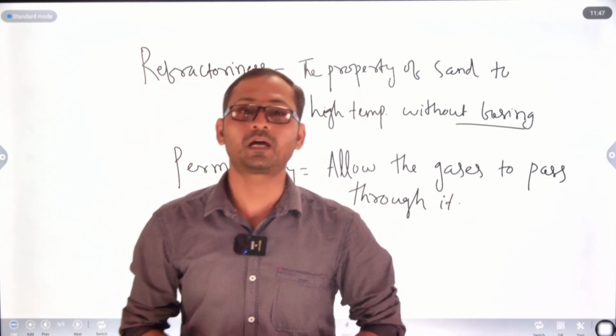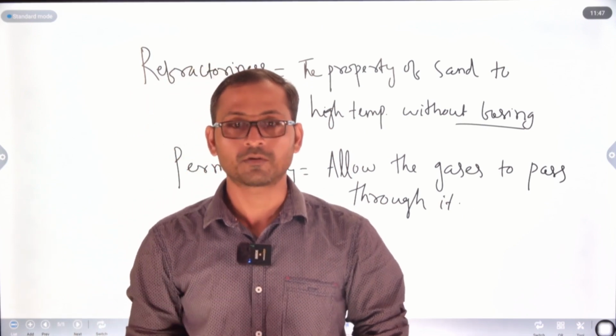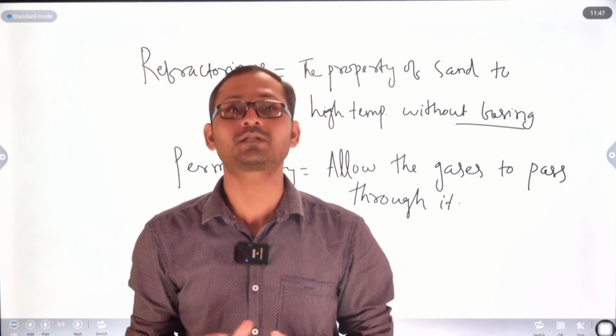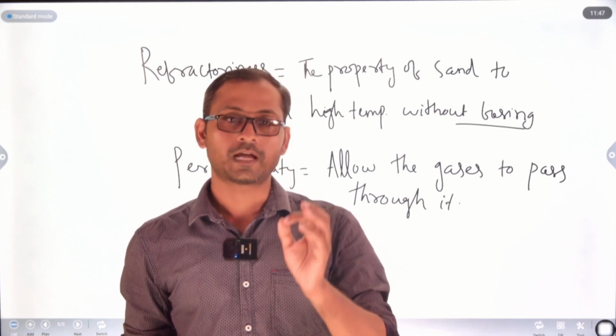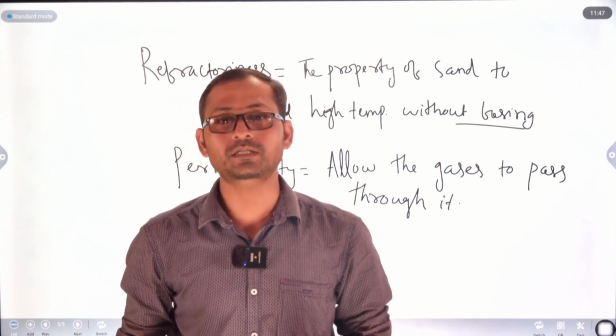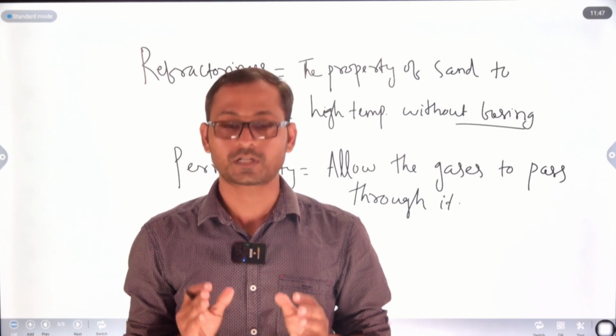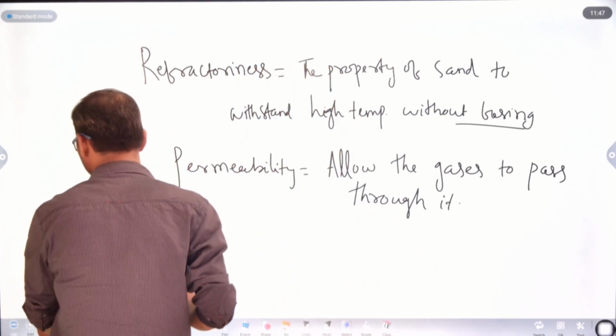After that, we go to the requirement of a base sand. What is the requirement of the base sand? When you choose a base sand, I already discussed, the base sands are either zircon or silica. What is the requirement of a base sand?